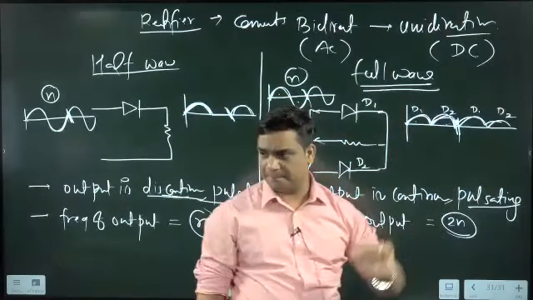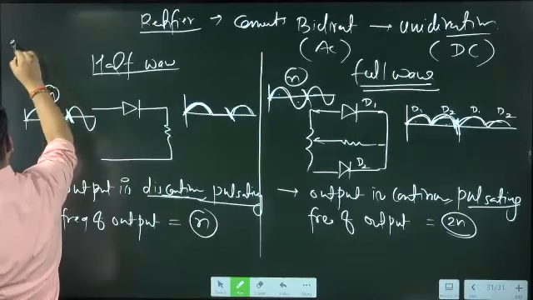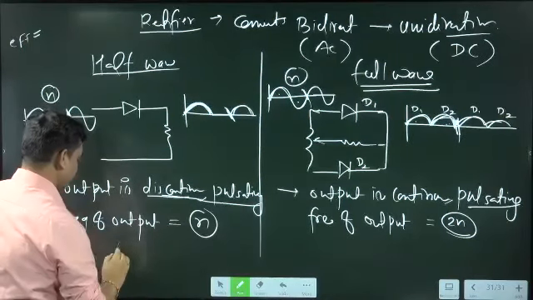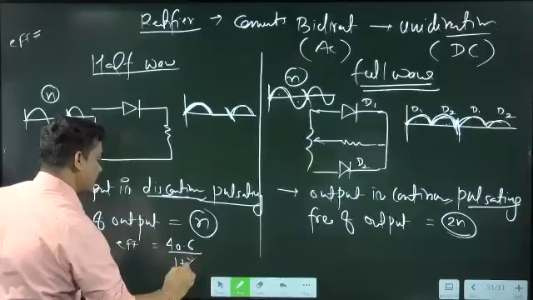One more thing, the efficiency formula. Efficiency is given by 40.6 divided by 1 plus RF by RL.